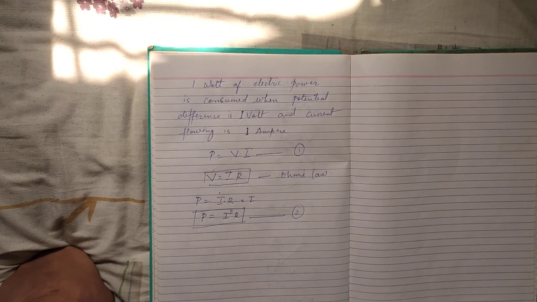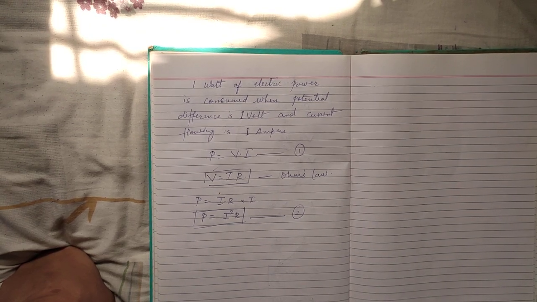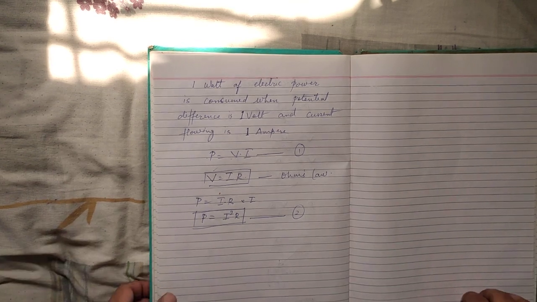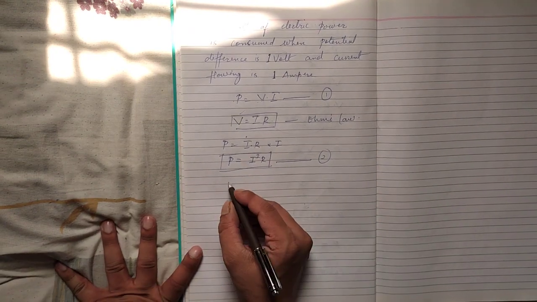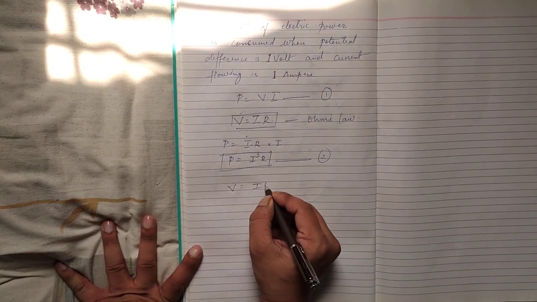In the same way, suppose the current is not given but the potential difference and the resistance of the device used are known. So once again we can use Ohm's law, V is equal to IR.